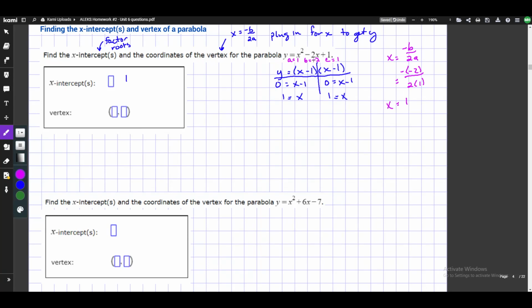So then I'm plugging that 1 in for x. y equals 1 squared minus 2 times 1 plus 1. Actually, because there's only one x-intercept, I know that that will be my vertex, but we're going to prove it here anyways. 1 squared is 1, minus 2, plus 1. 1 minus 2 is negative 1, plus 1 is 0, so y is 0. So my vertex is my x-intercept, which is (1, 0).